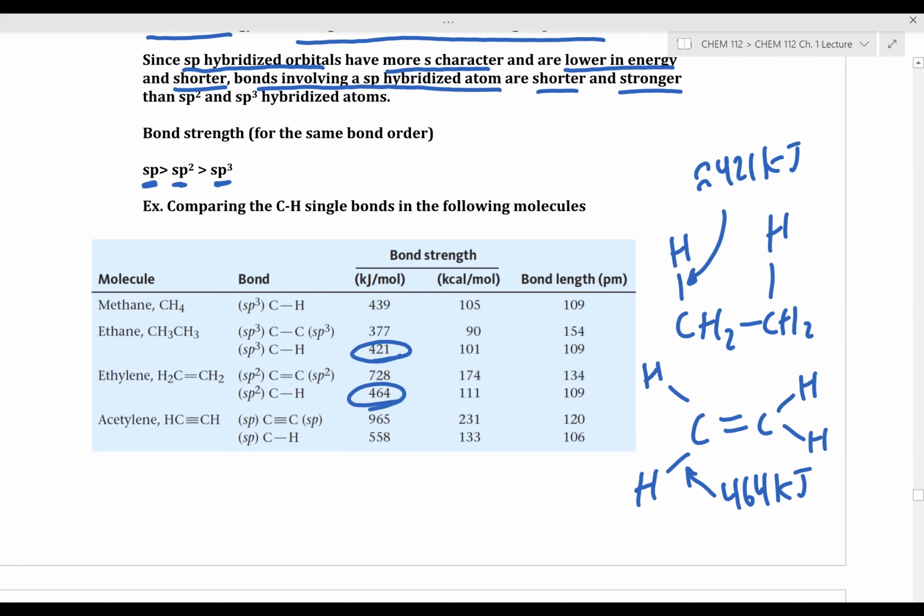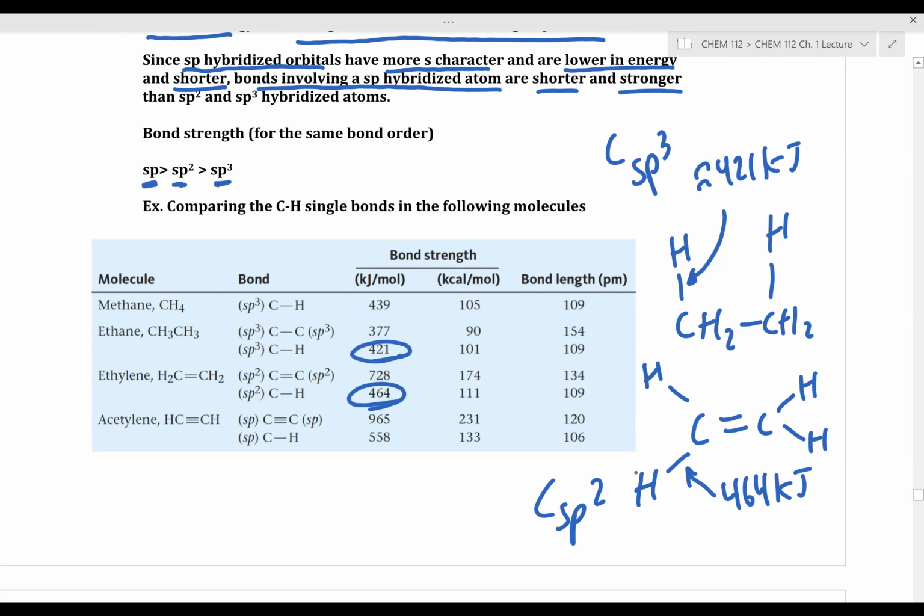So why is there this difference? What's the difference between ethane and ethylene? What's the difference between the carbon atoms that leads to this? Exactly. So this is an sp3 hybridized carbon. Well, in ethylene, our carbon is sp2.